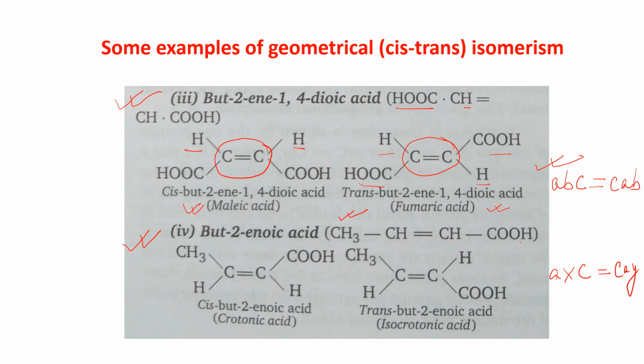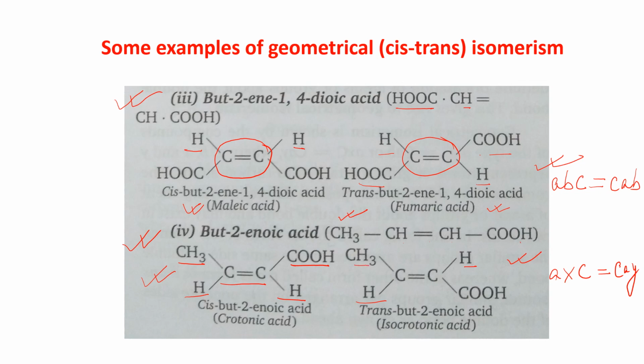So this is hydrogen and hydrogen. This is the similar group. They are present on the same side of the doubly bonded carbon atoms, and the other two sides have CH3 and COOH. So this first one is known as the cis form because the similar group is present on the same side, and this is known as the trans form because the similar group is present on the opposite side.